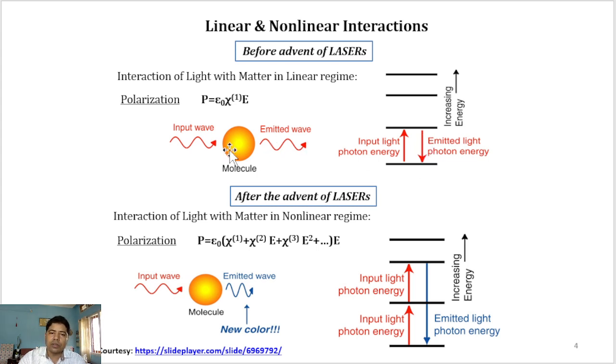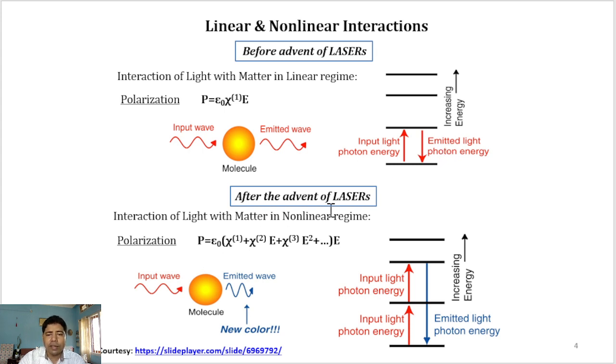So when we launch red light, it excites only up to the first excited state and the photon comes down immediately to the ground state. So there is no new color we can see, and no interesting point we can find from this linear interaction.